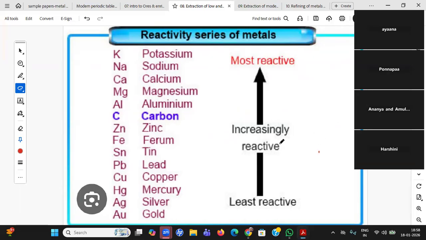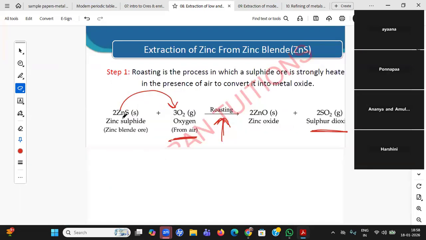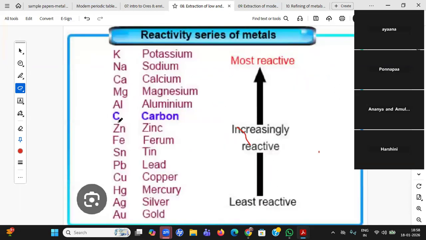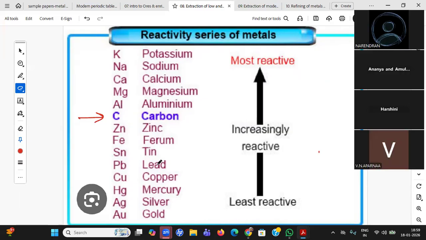So the first step is still the same as it is a sulfide: roasting. Definitely from zinc oxide, I want zinc. Now you can see, student, where did I map carbon? Carbon is first of all a non-metal. Practically speaking, I should not add carbon here, but only to make you know where carbon lies in the reactivity series.